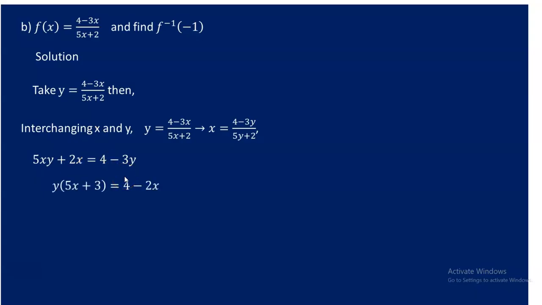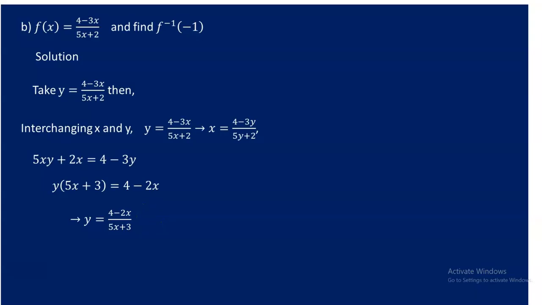As you take this 3y to the left, it's going to be plus 3y. Taking y as a common factor, 5x follows, then plus 3, and this is equivalent to 4 minus 2x. Now our interest is to have y alone on one side, so to make y free, let's divide the whole by 5x plus 3. In doing so, one can obtain y equals 4 minus 2x over 5x plus 3.